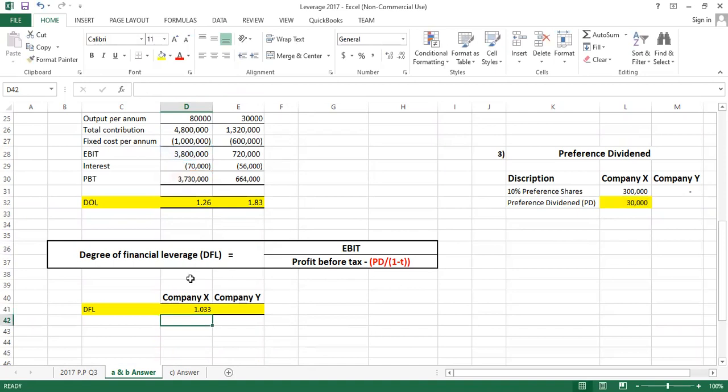So company X financial leverage is 1.033.